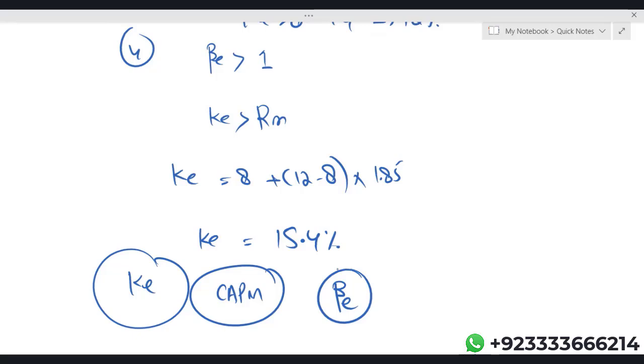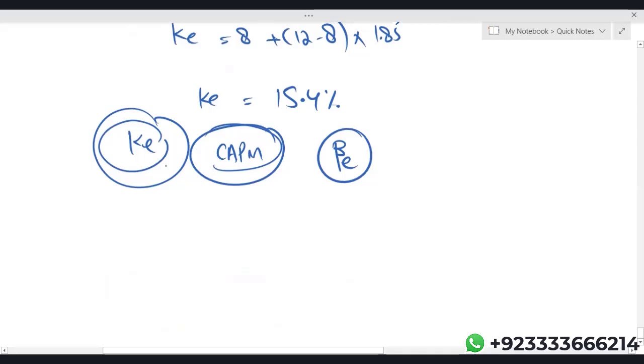Now, I want to say something. Please listen. If somebody asks you a question, what is the interpretation of KE from CAPM? We know KE means cost of equity. By using CAPM, we have calculated, fine. But we know that this KE actually depends on beta equity.